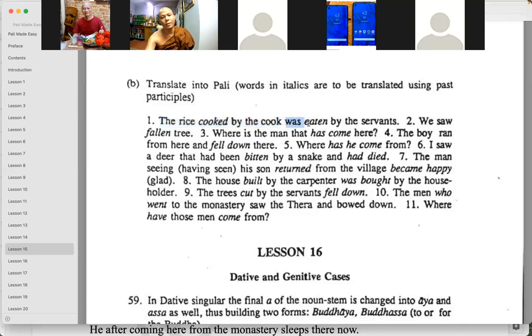Then "was eaten", where eaten is a past participle, and then "by the servants". So the rice cooked by the cook was eaten by the servants. If we understand in this way, phrase by phrase, we can do the translation into Pali easily.